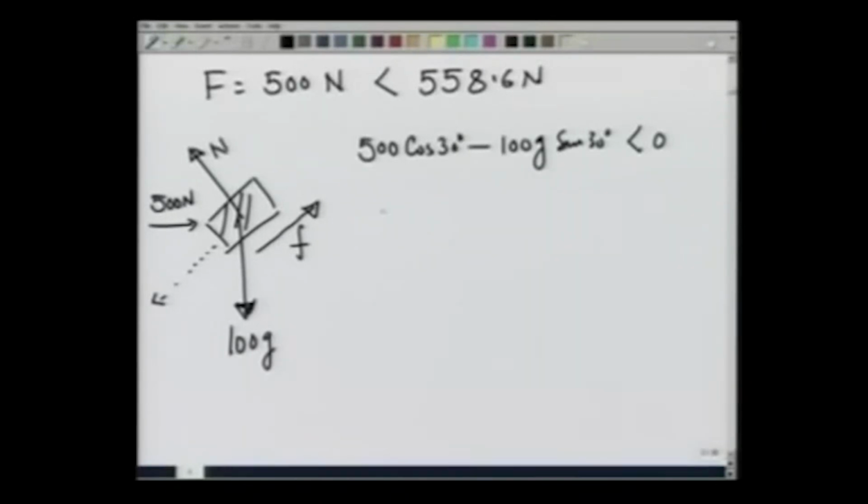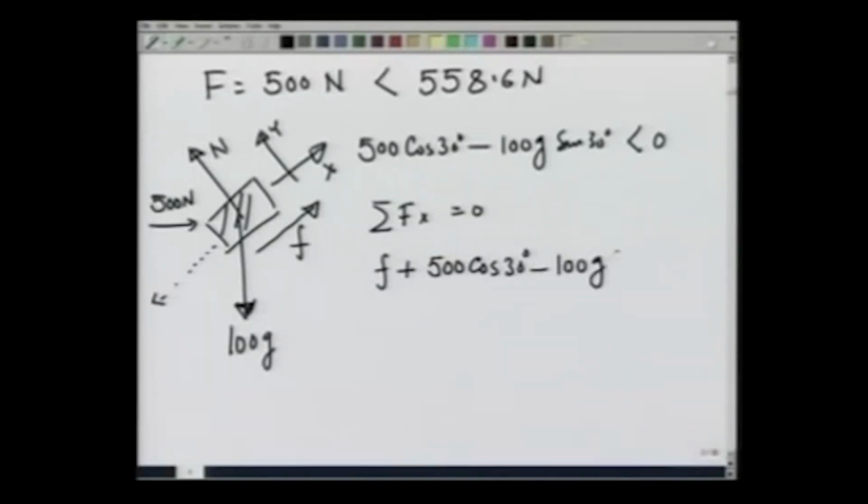Again, the equation for equilibrium, summation Fx equal to 0, gives me, taking this to be the x direction and y to be the perpendicular direction to the plane, f plus 500 cosine of 30 degrees minus 100 g sine of 30 degrees is equal to 0, or f equals 100 g sine of 30 degrees minus 500 cosine of 30 degrees.